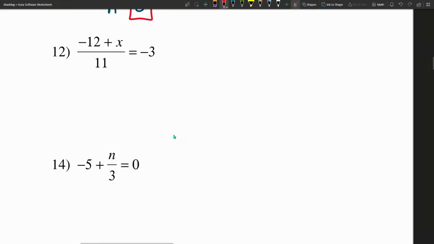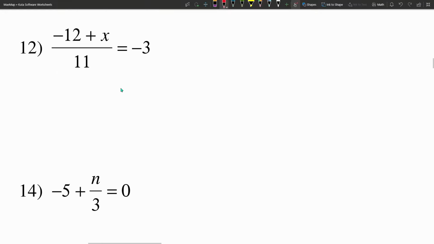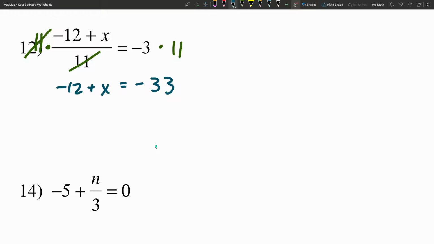In number 12, what can we do? Start by multiplying by that 11. That is in the denominator of my fraction, and my fraction is my entire left side. So I'm going to start by multiplying both sides by 11. So that's going to leave me with negative 12 plus x equals negative 3 times 11, which is a negative 33.